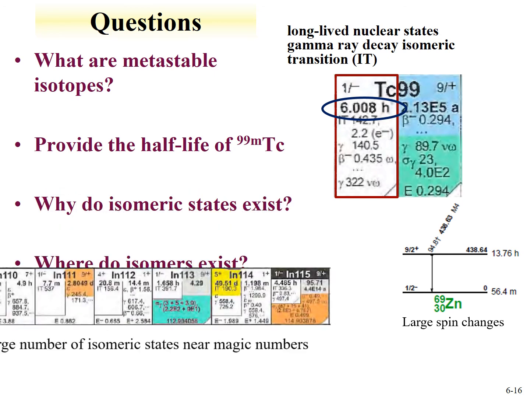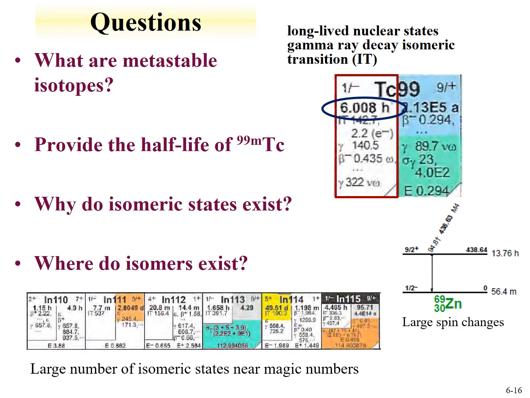Why do these isomeric states exist? Well, it has to do with one of the reasons that also influenced beta decay: changes in spin and parity. An example that we talked about in the first slide of this lecture is zinc-69. Zinc-69 has a metastable state that lasts 13.76 hours.